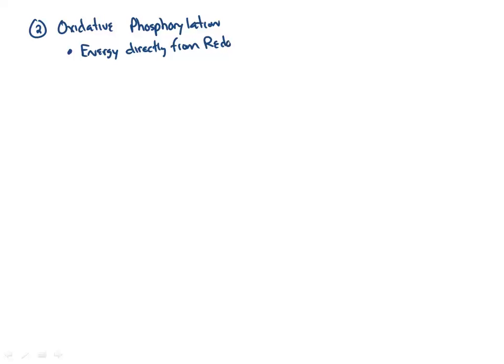The second one that we can talk about is oxidative phosphorylation. And of course, this uses energy directly from the redox coenzymes.